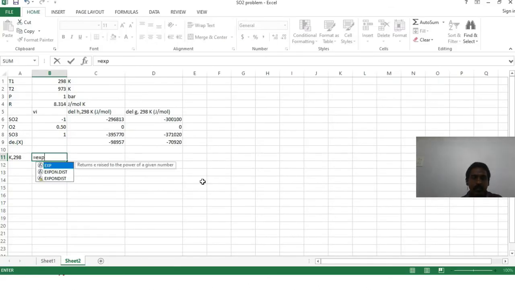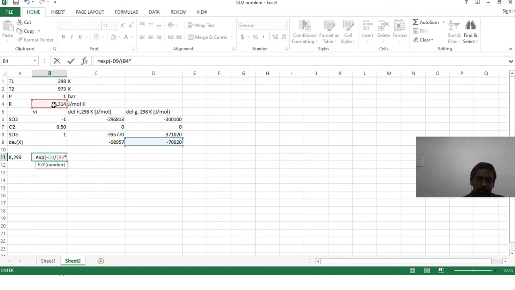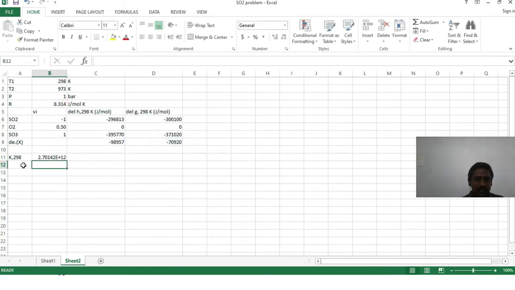Exponential of minus delta G naught at 298, which is this value, divided by R, this 8.314, multiplied by T1, that is 298 Kelvin, close a bracket, again close a bracket. Now we have successfully calculated K at 298 Kelvin.